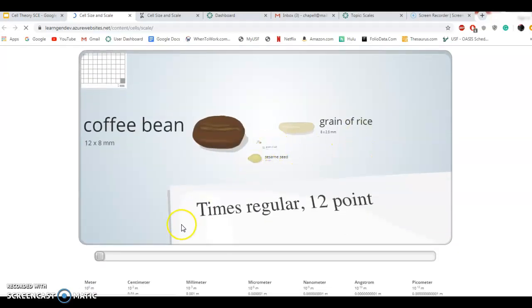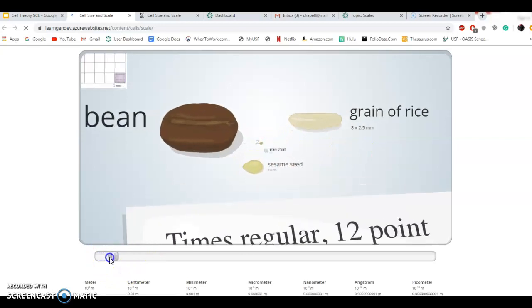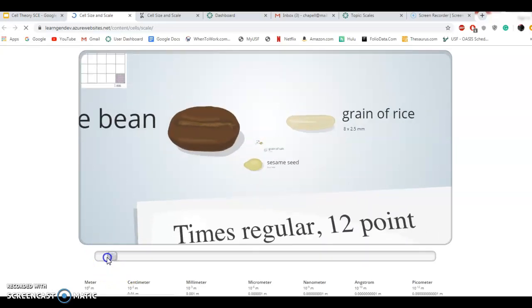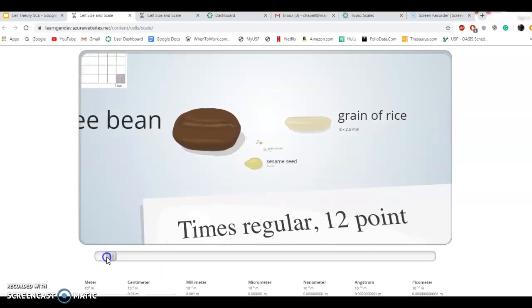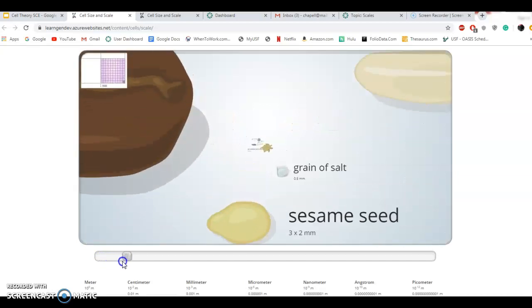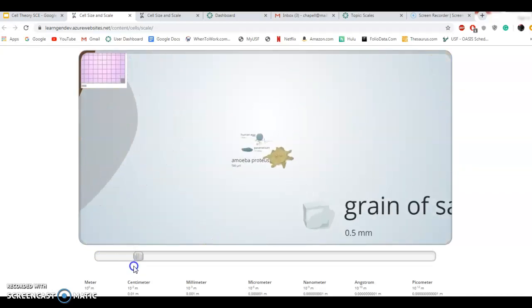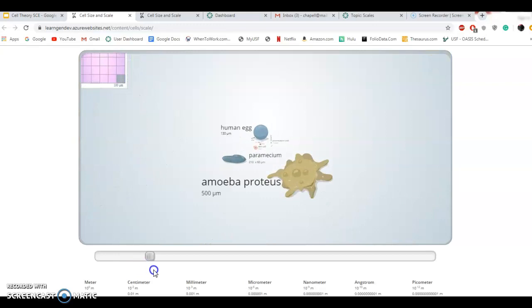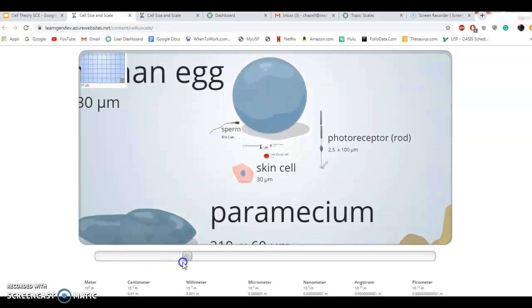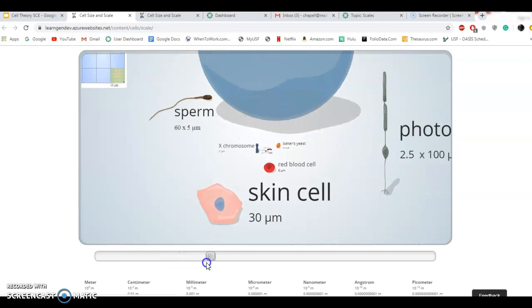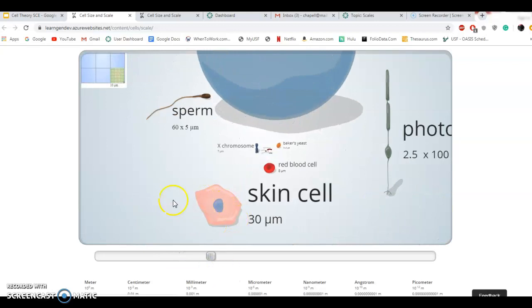And we can see as we go through, we start at a copy being a grain of rice, and then it gets smaller and smaller as we get to see our cells. And if you notice here, the skin cell is a different shape and much larger than the red blood cell. So those are just two examples of how cells differ in size and shape.